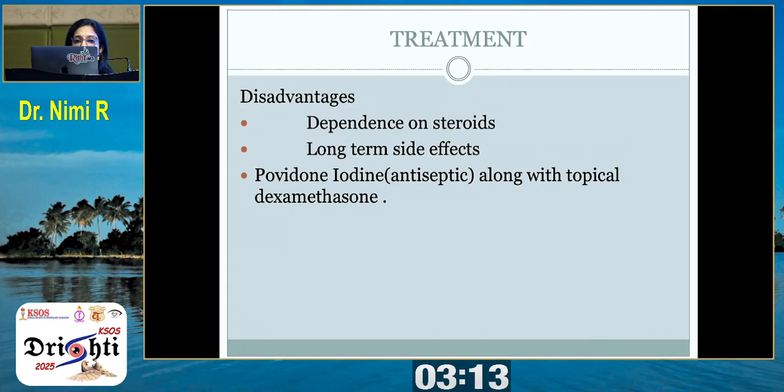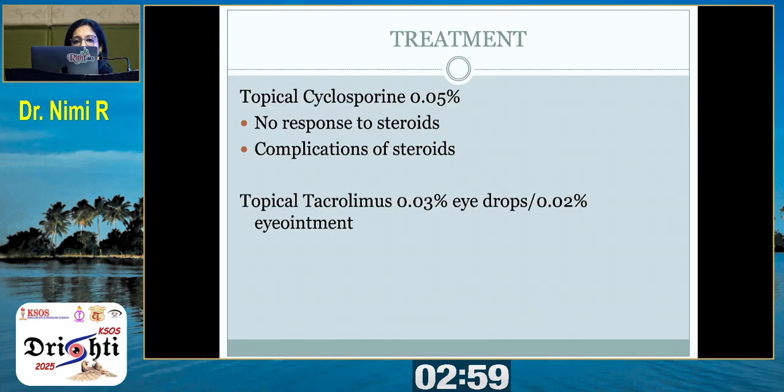So it has to be discontinued. In some studies, it has been shown that povidone iodine along with topical dexamethasone may be useful, in a single setting or multiple settings. In cases not responding to steroids, you can use topical cyclosporine or topical tacrolimus.